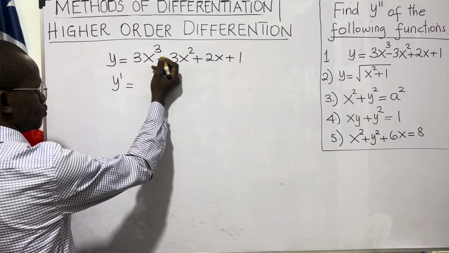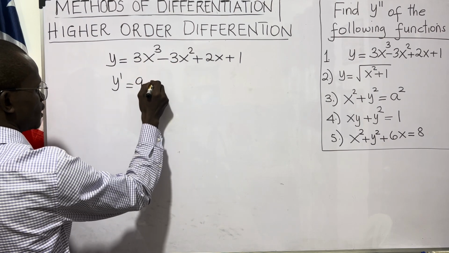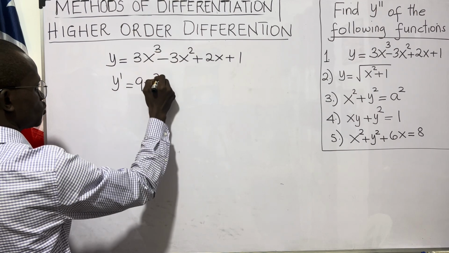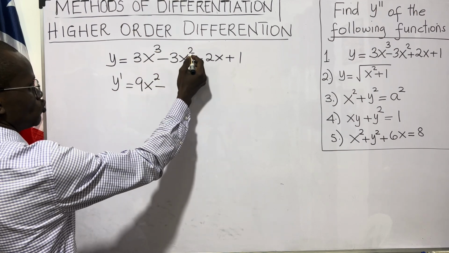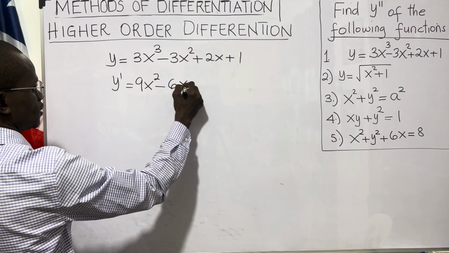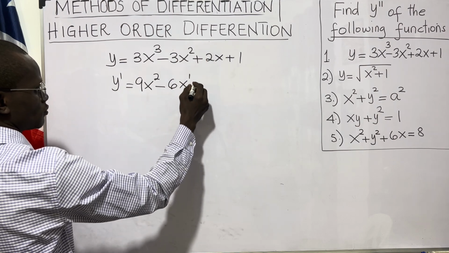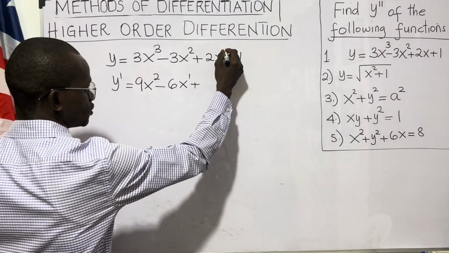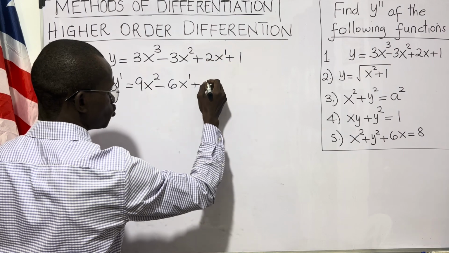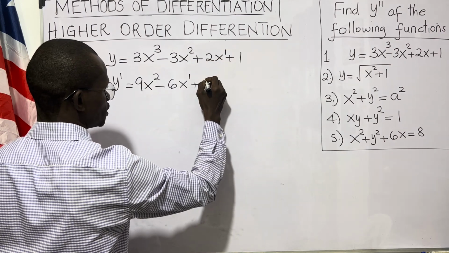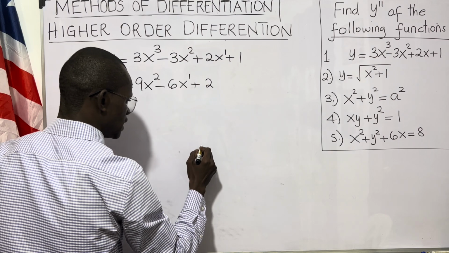Differentiate. 3 times 3 is 9. Subtract 1 from this power, it is 2. 2 times 3 is 6. Subtract 1 from this power, it is 1. 1 times 2 is 2. Subtract 1, it is 0. So it's just 2.